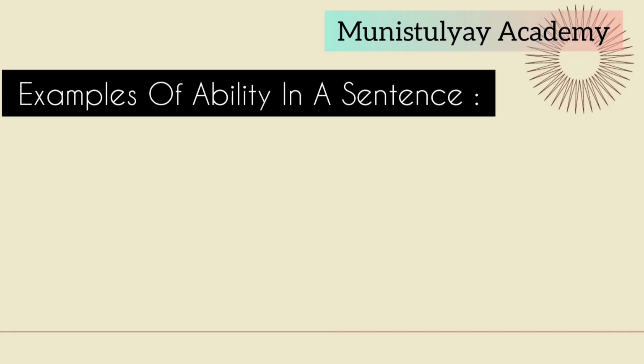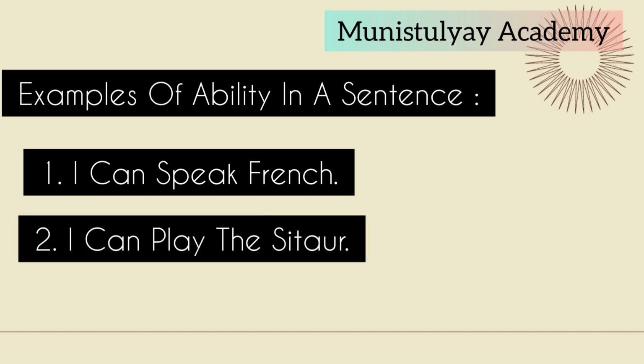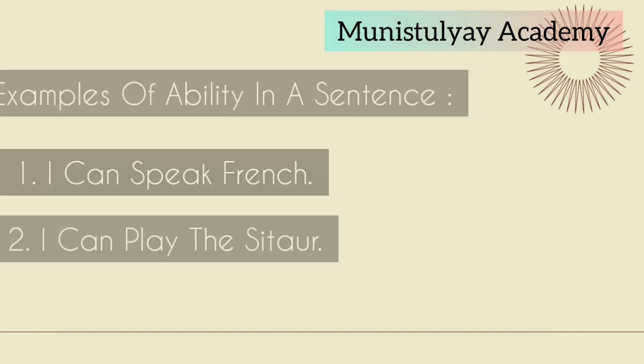Let's understand more examples of ability in a sentence. First one is, I can speak French. Here, can is used for the ability of speaking French. Second one is, I can play the sitar. In this sentence, can is used for the ability of playing the sitar.